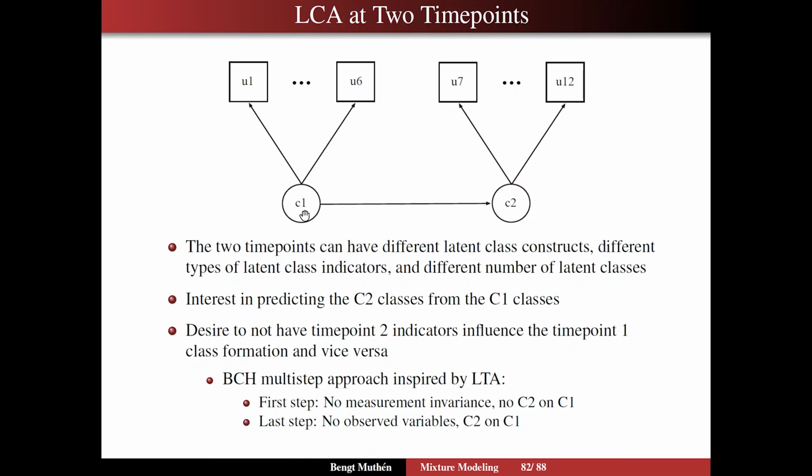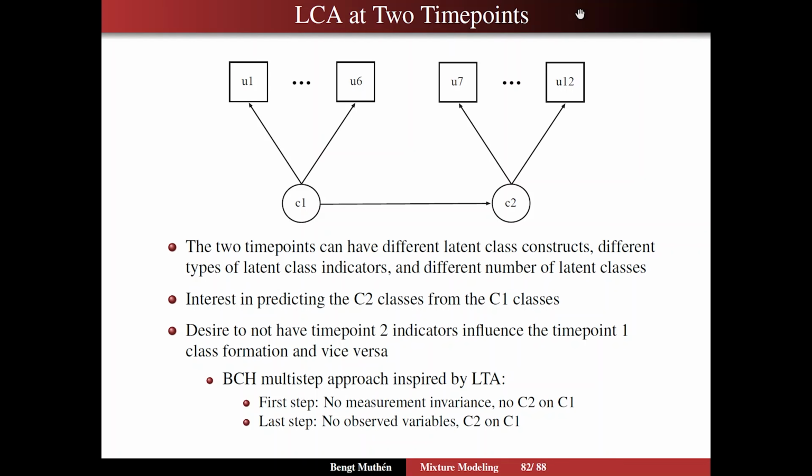We're interested still, like in LTA, in predicting C2 classes from C1 classes. And we have the multi-step desire to not have time point 2 indicators influence the time point 1 class formation, and vice versa.